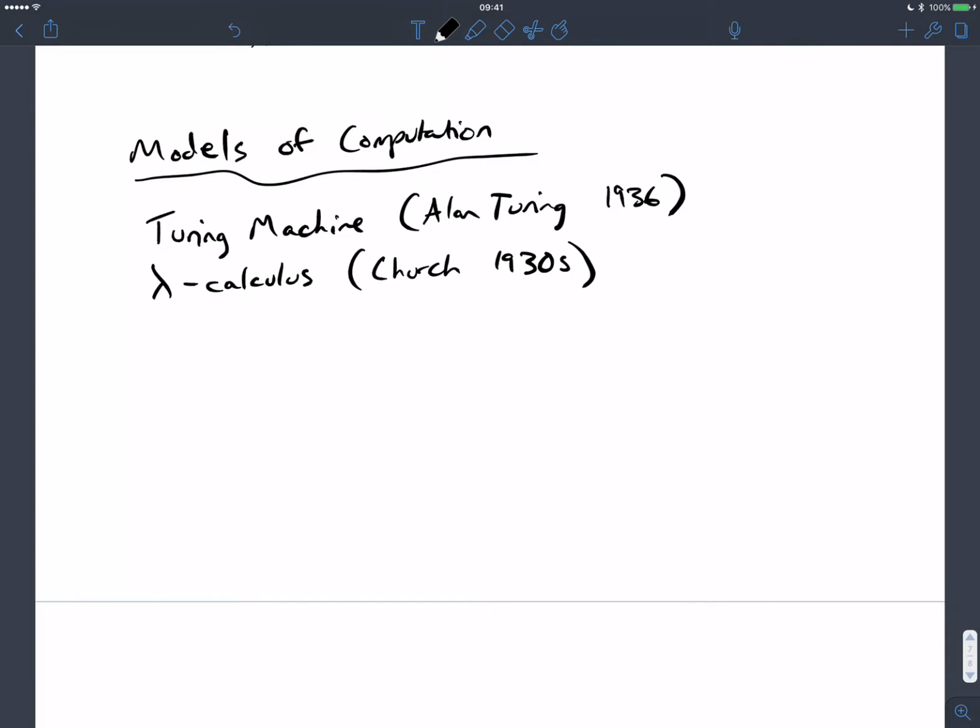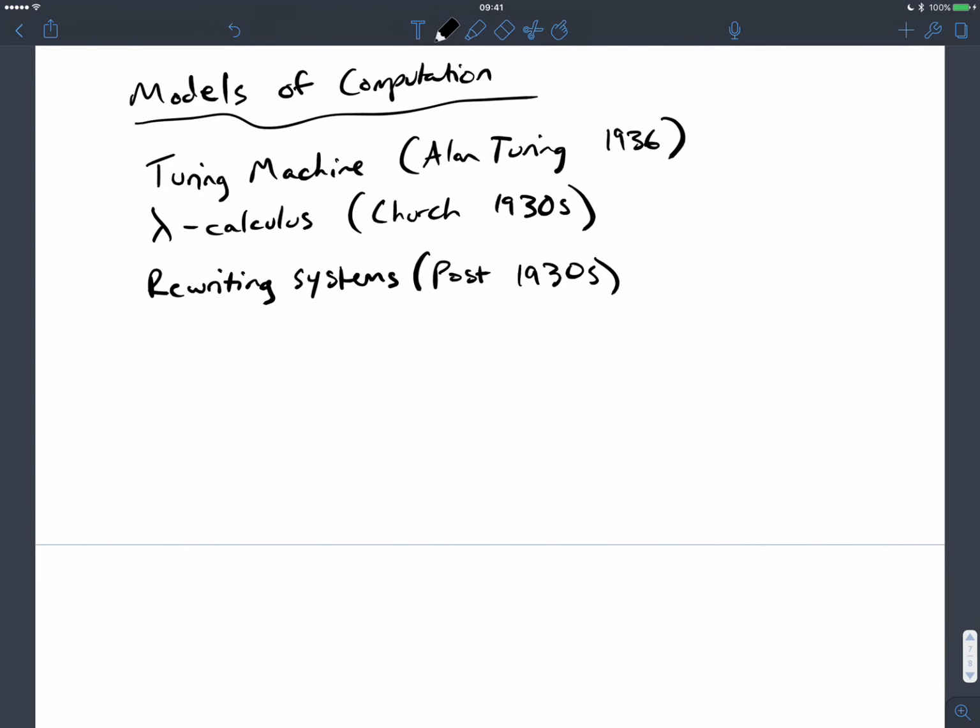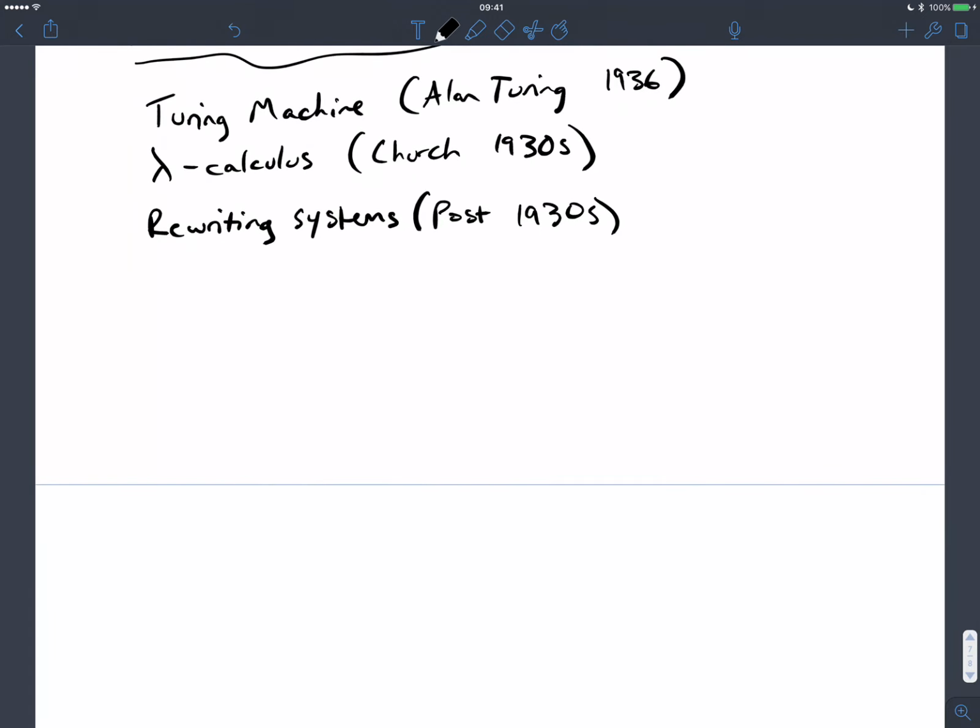And there was actually another one that's not really considered nowadays, but they were called rewriting systems. Unfortunately, I don't know a whole lot about this, but it's by a famous mathematician called Post, and you may see his name come up later in the class, maybe next week. But in fact, all three of these different models of computation are the same. And one of the results of showing that these are the same is something called the Church-Turing thesis.